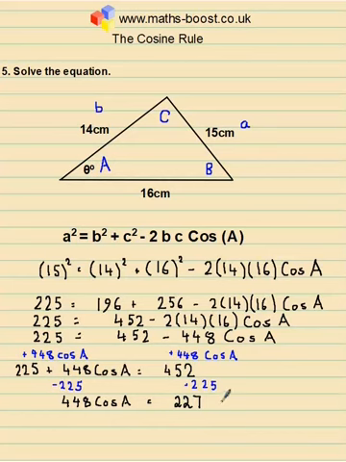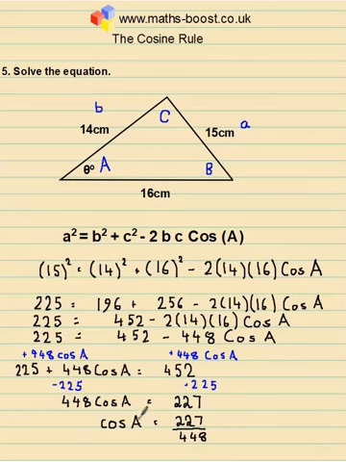And finally, or penultimately I should say, I'm going to divide both sides by 448. And so finally we've got an equation that you should be familiar with from SOHCAHTOA.